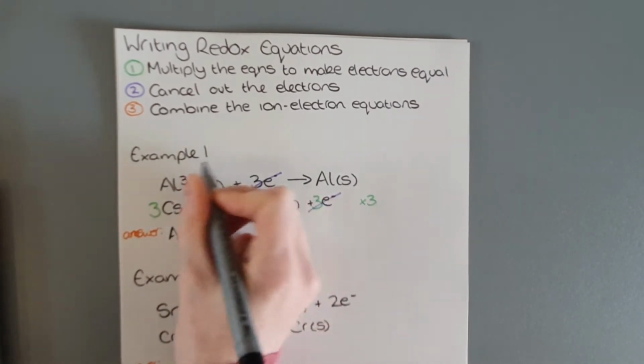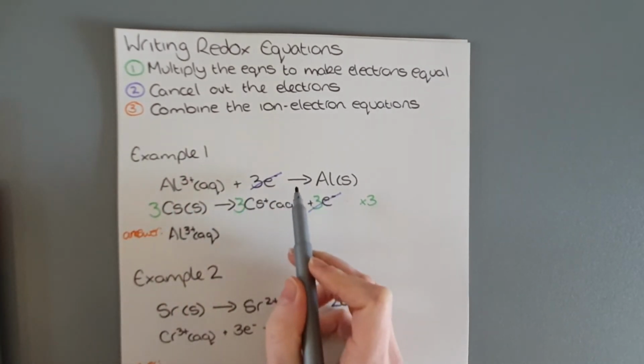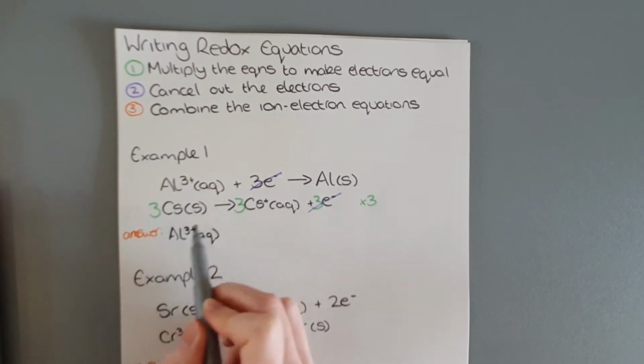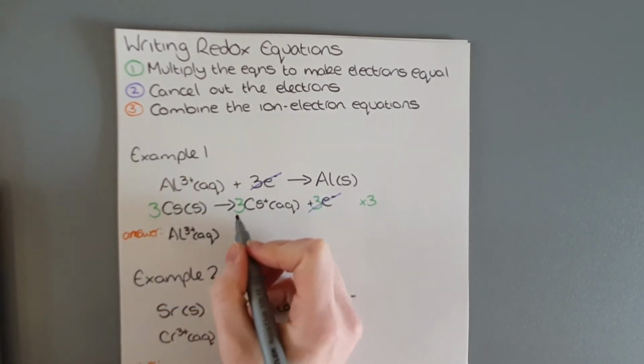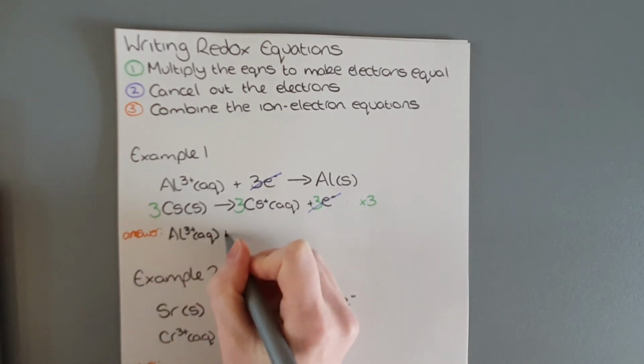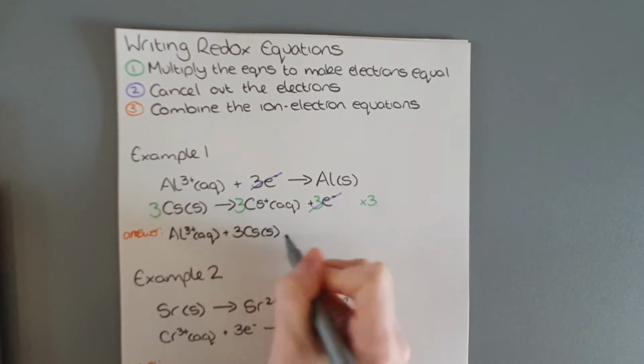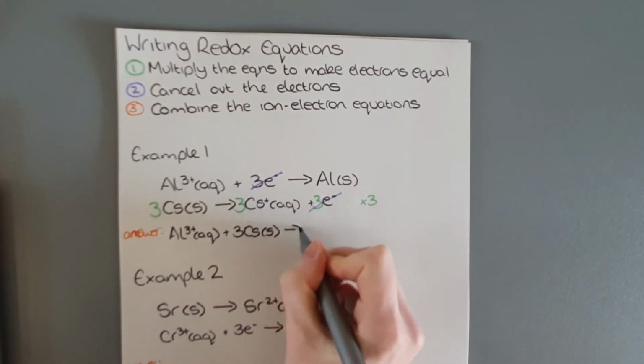There's nothing else on the top equation on the left of the arrow, but you'll see in the bottom equation, the left of the arrow has 3 Cs solid. Then draw your arrow.